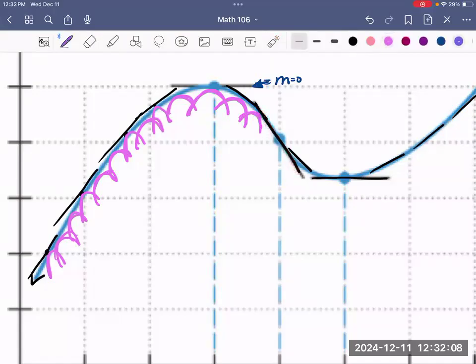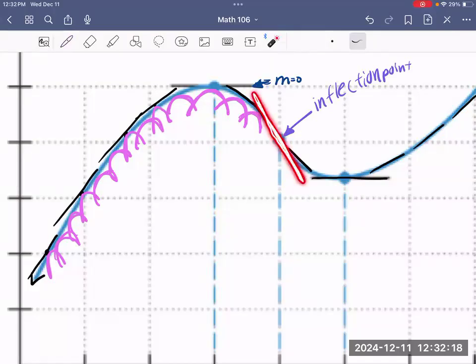This is the inflection point where all of a sudden this tangent line crosses your graph. And now the act of crossing, notice that your tangent line, I drew it incorrectly over here because I was going a little too fast.